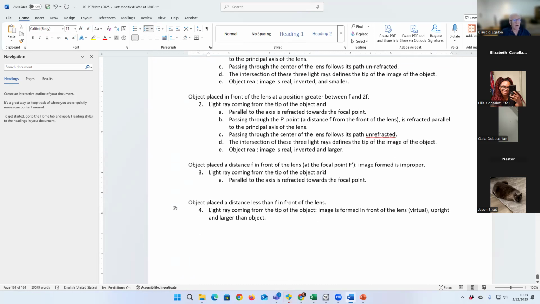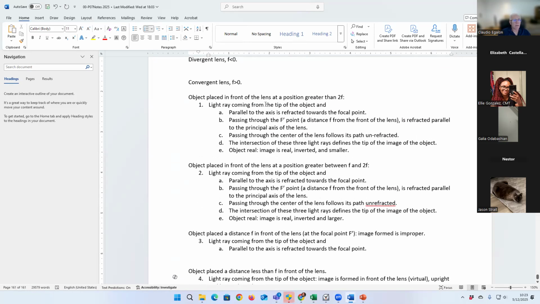All right, so here you go. Object placed in front of a lens at a position greater than 2f. Light ray comes from the tip of the object, parallel to the axis, refracts towards the focal point F prime.